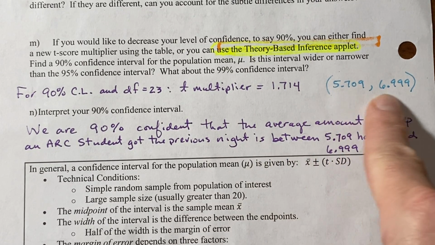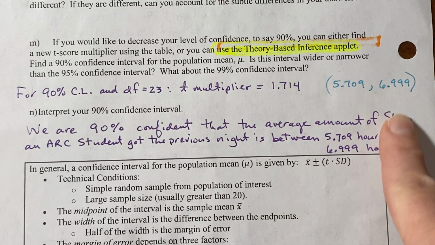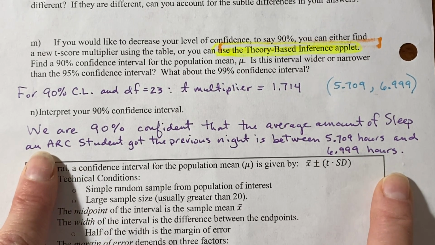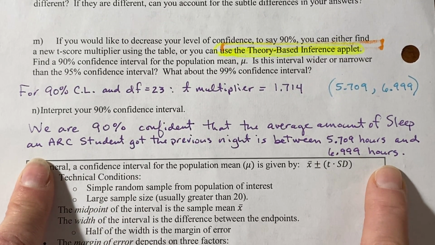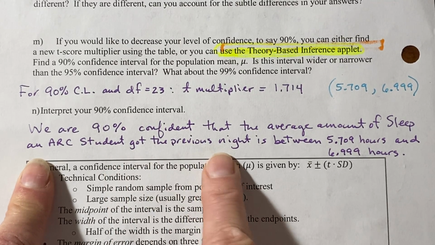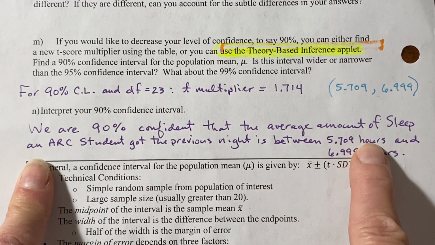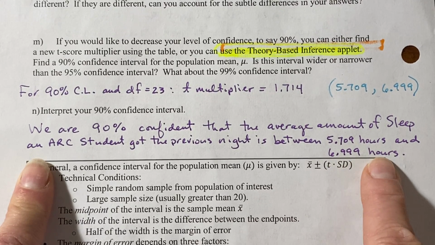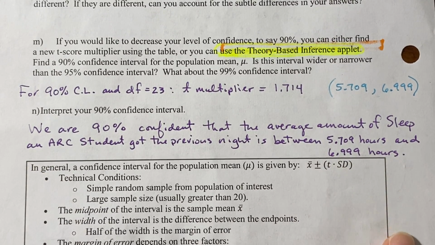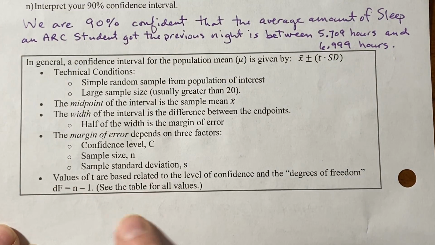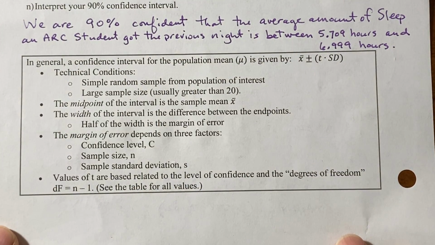Otherwise, again, you can just use your applet, and this is what you're going to get. When we interpret, we are 90% confident that the average amount of sleep an ARC student got the previous night is between 5.709 hours and 6.99 hours. And then we just have a little summary of what we've gone over.